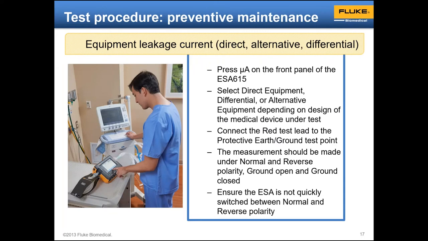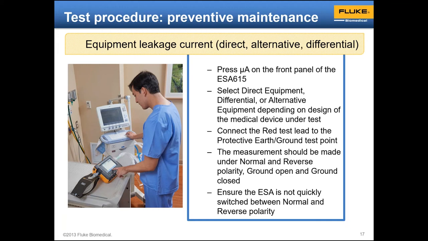Now, once we've done that, the next thing we need to do is measure our leakage current. The first leakage current we need to measure is the ground wire leakage. Here we select direct, differential, or alternative.